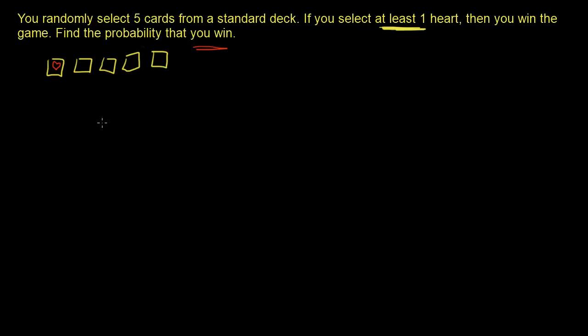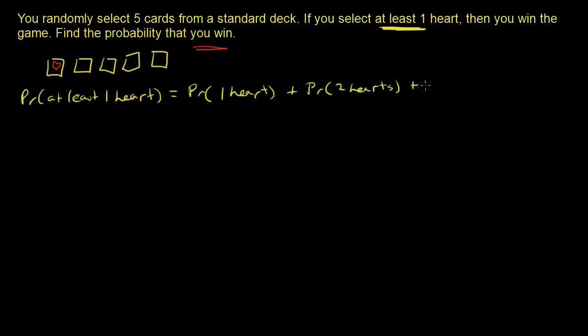So one way that you could think about this, let me write this down. The probability that you get at least one heart, we could think about this as being the probability that you get one heart, or you could have gotten 2 hearts, so we add the probability of getting 2 hearts, or 3, you'd still win, or 4 hearts, you'd still win, and you could have gotten all 5 hearts.